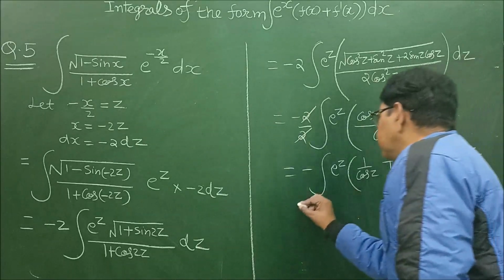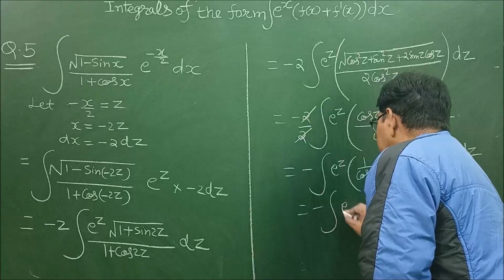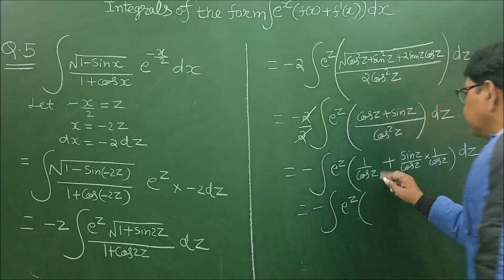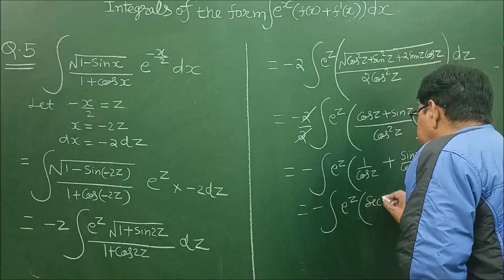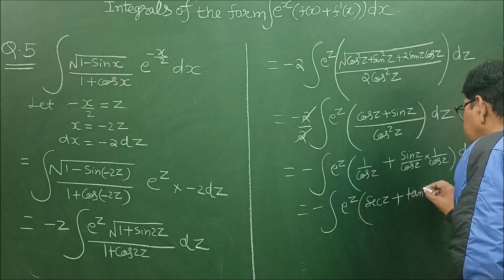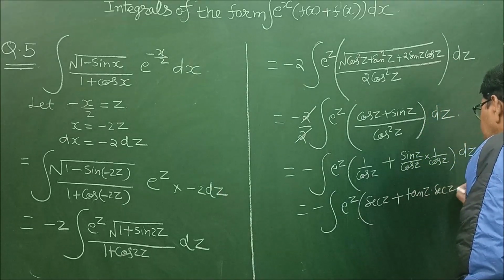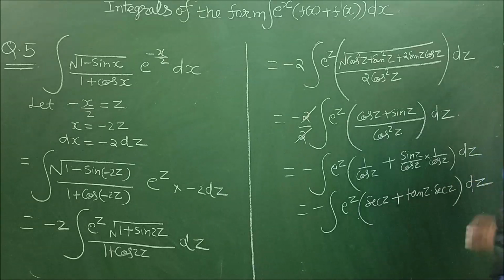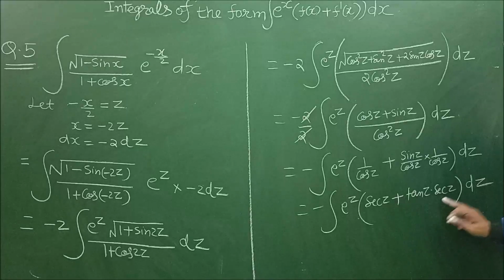So this is equal to minus integral of e raised to the power z. This 1 upon cos z is sec z, plus sin upon cos is tan z, into sec z, and dz. Now you can observe that the derivative of sec z is present here.